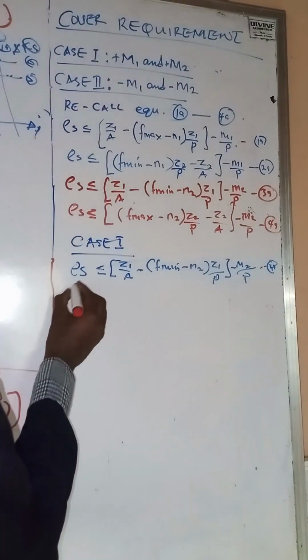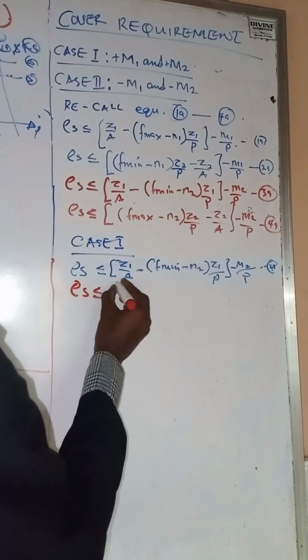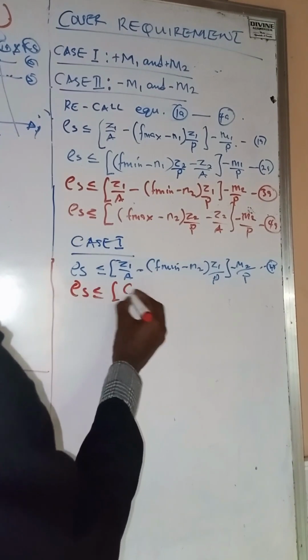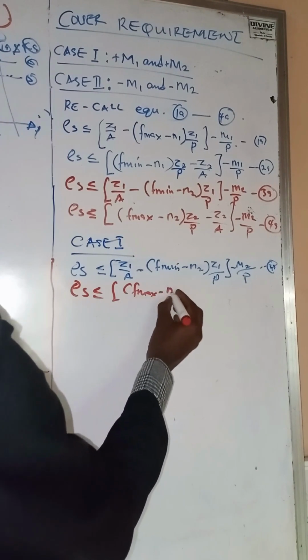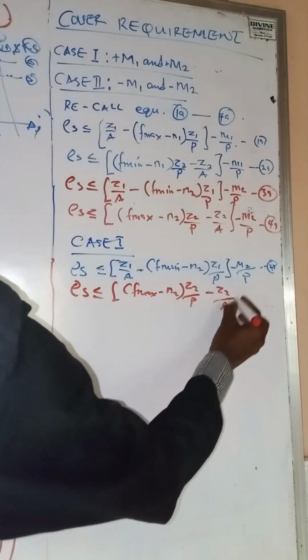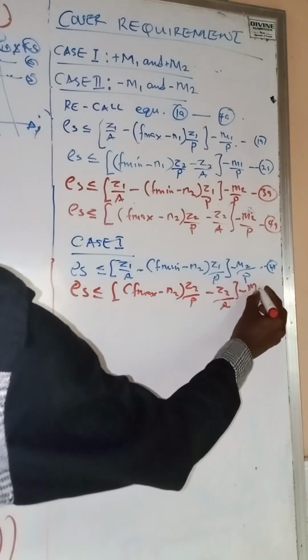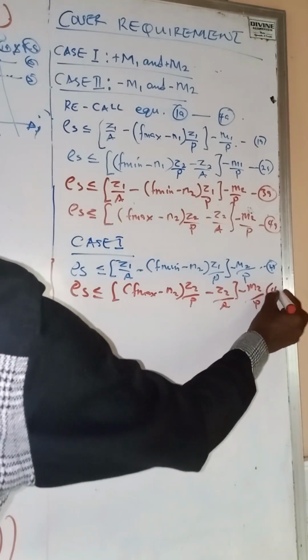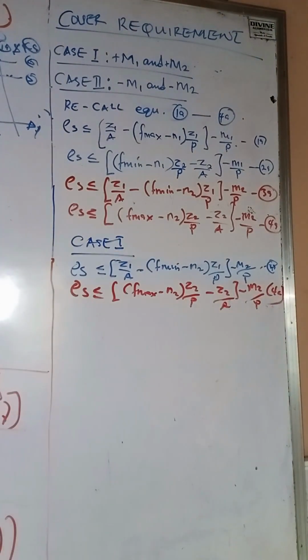So we write equation 4A as F maximum minus N2, Z2 over P, minus Z2 over A, or bracket M2 over P. Solving this simultaneously, we're going to plot a graph of the two variables, M2 and P. We'll have M2 on the vertical axis and P on the horizontal axis.